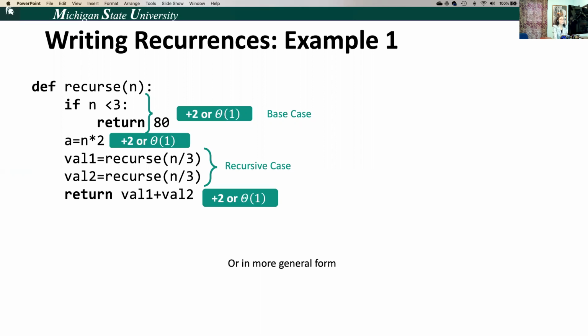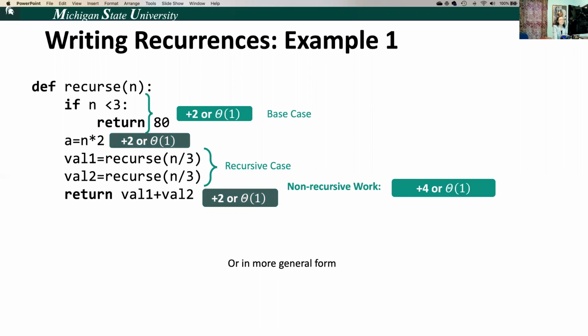And then I look at my arithmetic operation where I'm multiplying something with 2 with the assignment. That's plus 2, but I don't really care. Let's represent that as theta of 1. My base case contains 2 operations, but let's just represent that as theta of 1. I have recursive case, and then I have non-recursive work right there at the bottom.